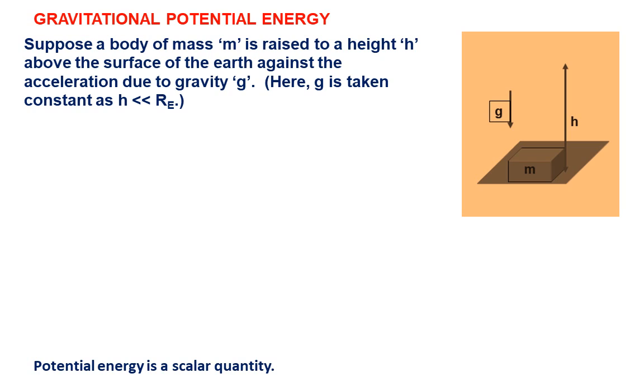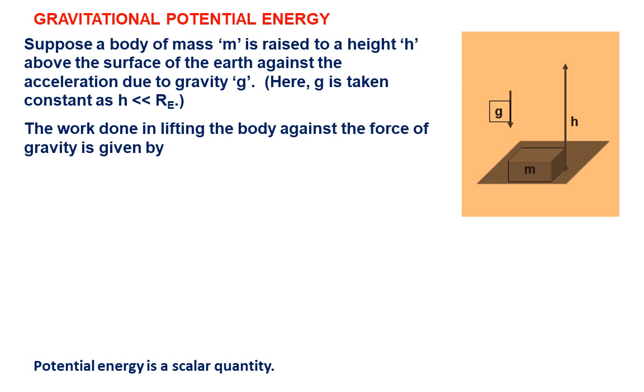Here, because the height is not too much, we have to take the value of g as constant. You will study in the gravitation unit how the value of g varies with height. But here, because the height is not very large, we take g as a constant.